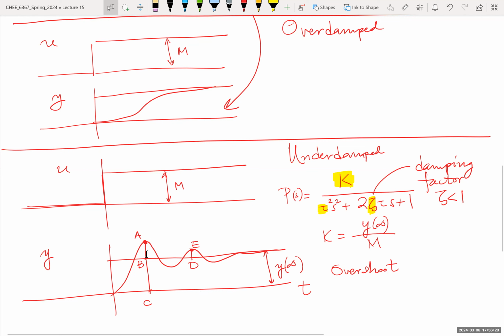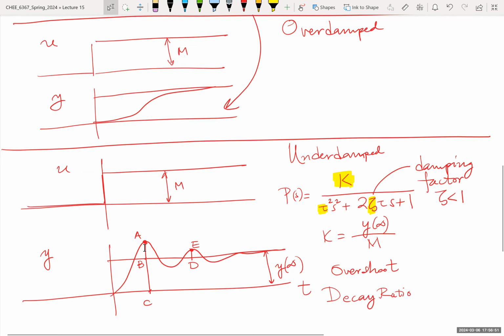That's the overshoot. Ziegler-Nichols creates closed loops which have higher order dynamics, and they have a little bit of overshoot. And also there is a thing called the decay ratio.